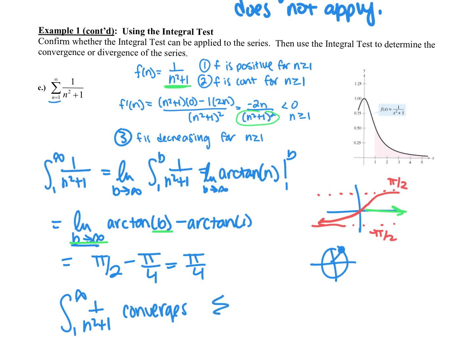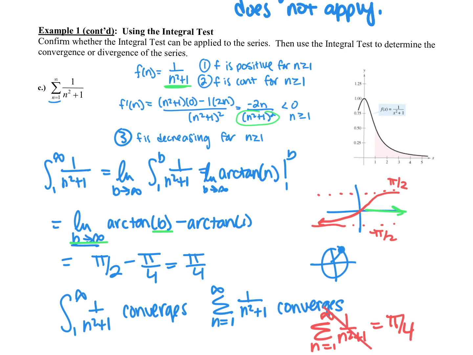which means that our series, based off of the same idea, converges. Now, one thing that is important is that this series here, one thing we cannot say is that this equals pi over 4. This is not okay. The improper integral does.